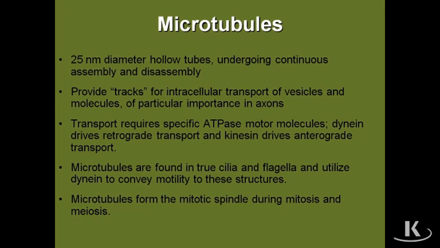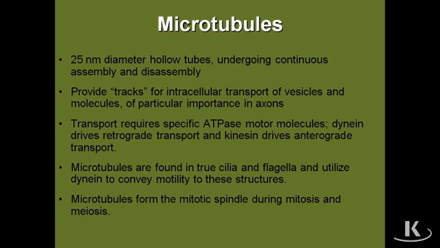Transport, regardless of where, is an energy requiring process, and dynein drives what's known as retrograde transport, while kinesin drives the component of anterograde transport in neurons as well as any other cell type that utilizes microtubules.